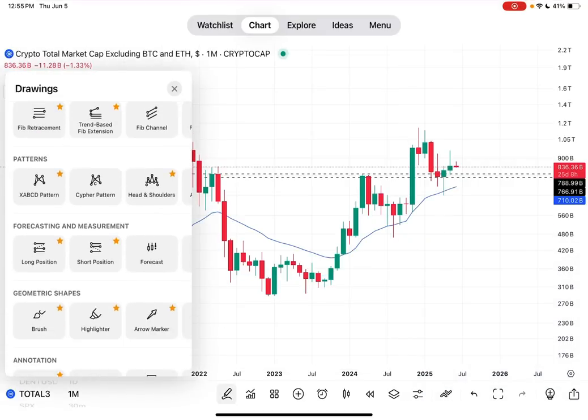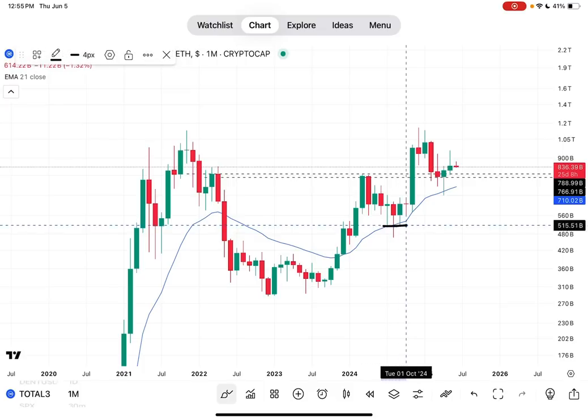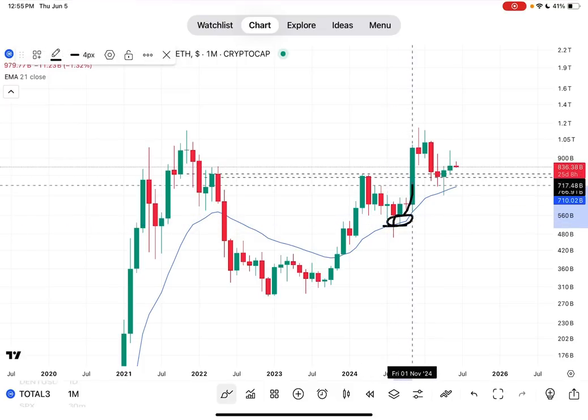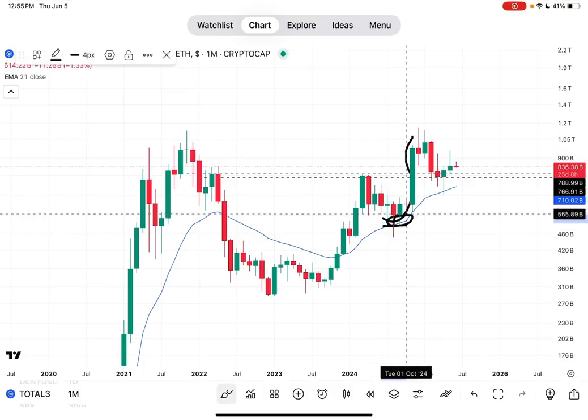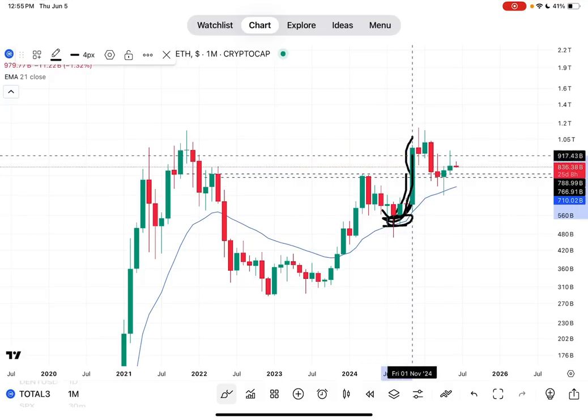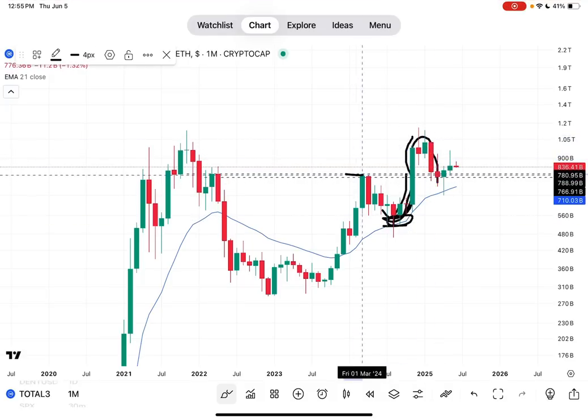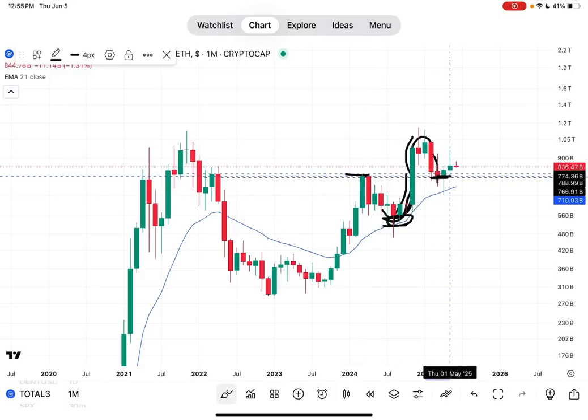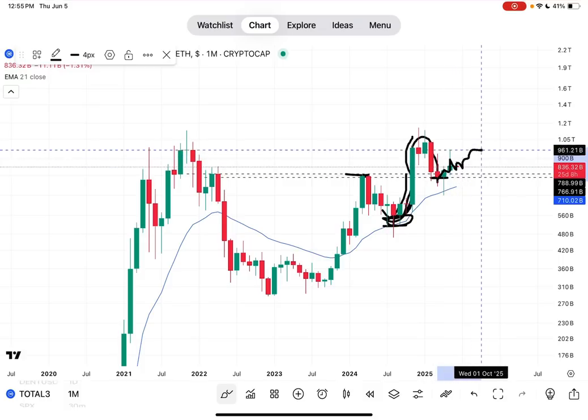So you see how we used it as support here? We used it as a base in 2024, but we didn't have that much of a rally. All this in November 2024 was just a push up and a backtest of the March and April highs of 2024, right? Now we're just slowly grinding our way up.